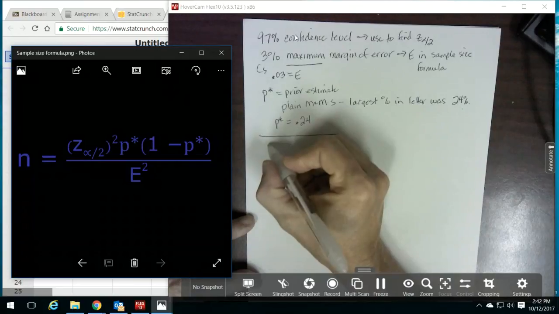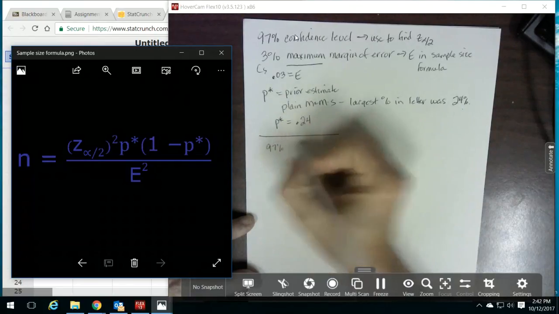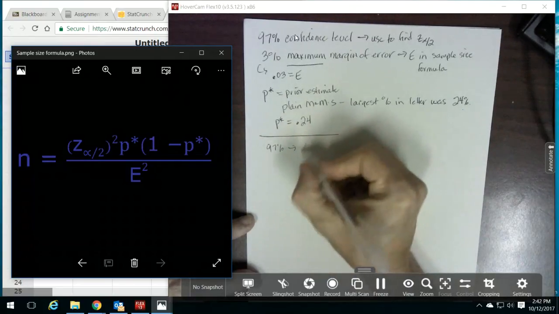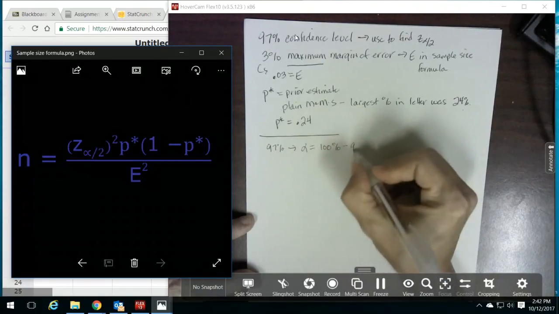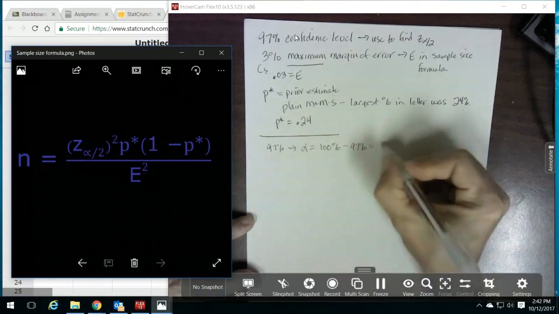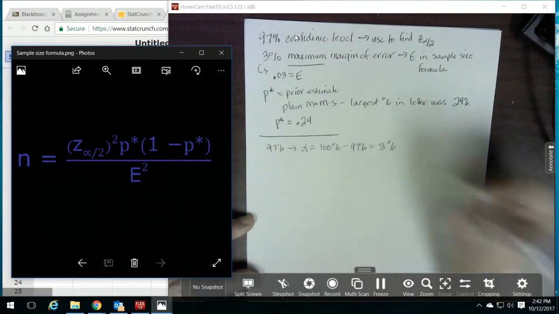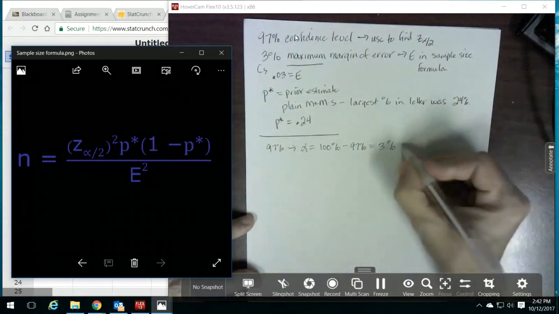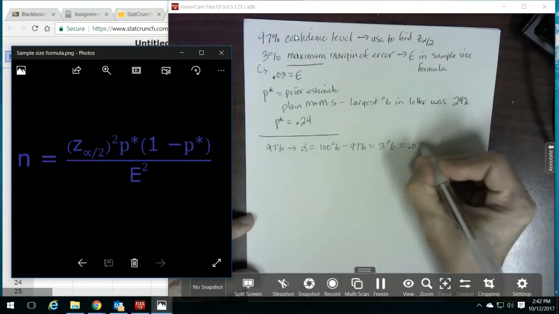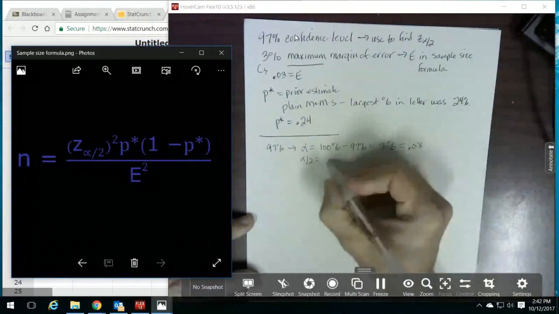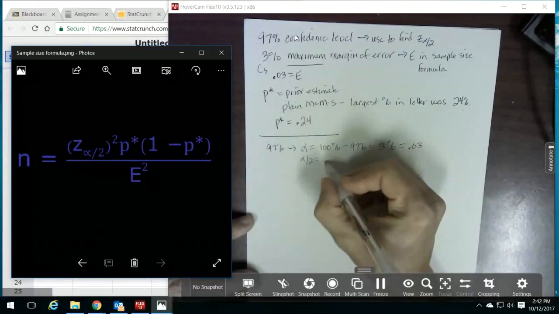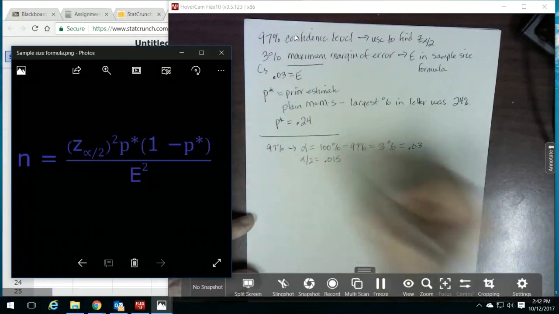So if my confidence level is 97%, that means my alpha is 100% minus that. So that would be 3%. And again, I want to put this in decimal form, so I'm going to make that 0.03. That means my alpha over 2, I just take this and divide it by 2, so that's going to be 0.015.